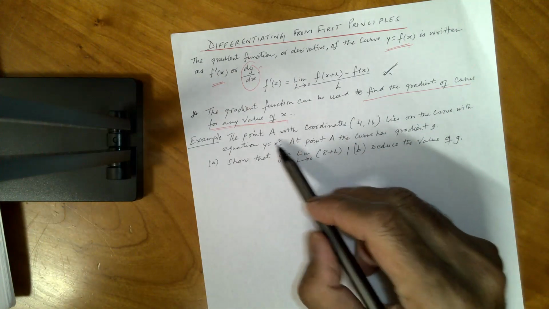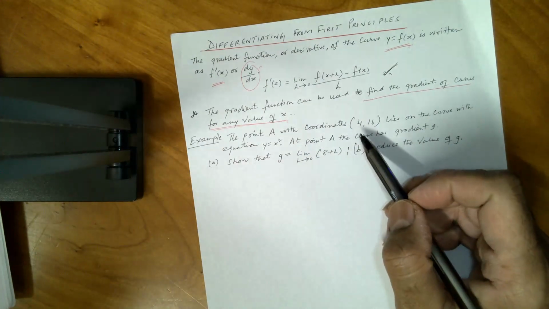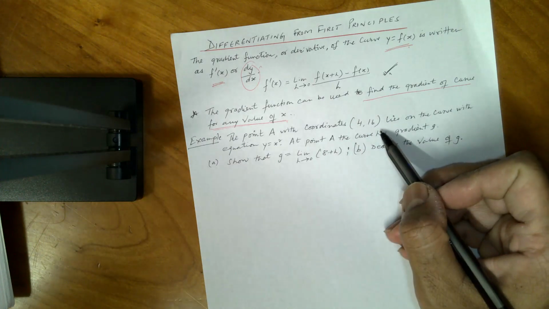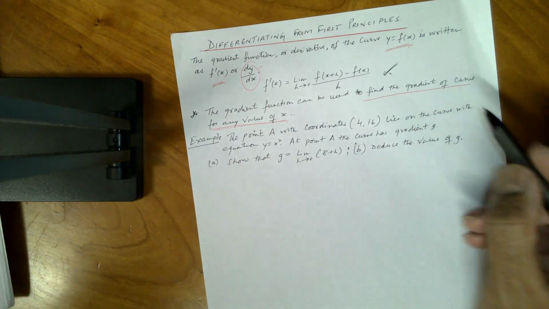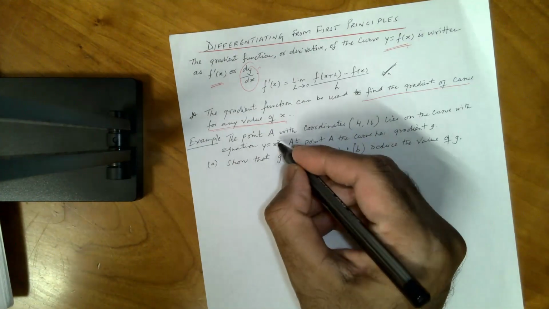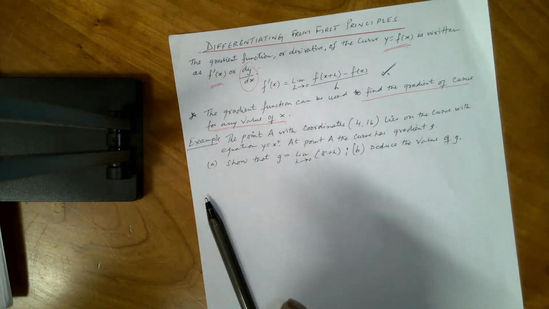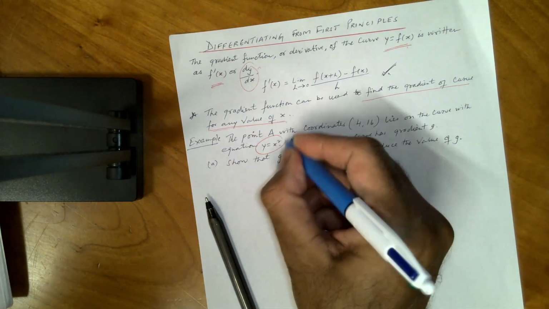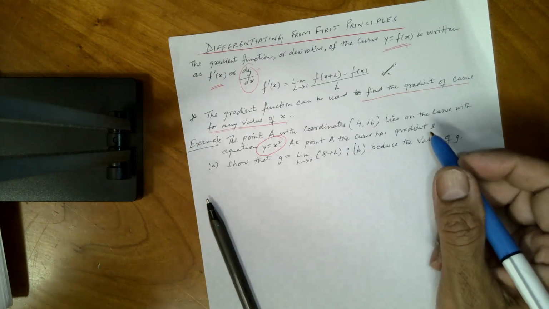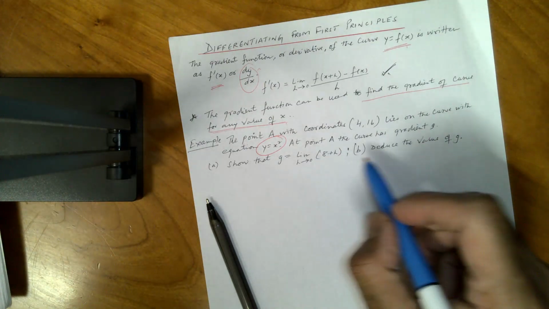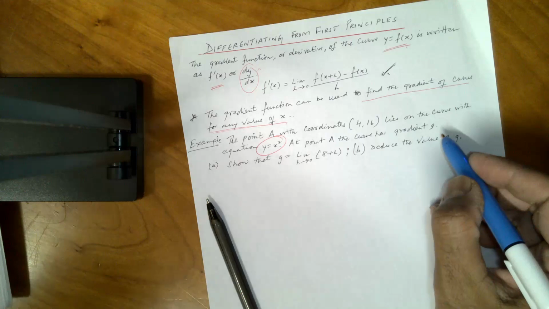A point A with the coordinates (4, 16) lies on the curve with the equation y equal to x squared. At point A, the curve has a gradient g.